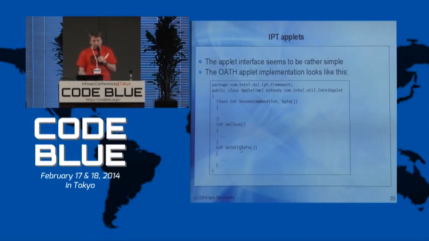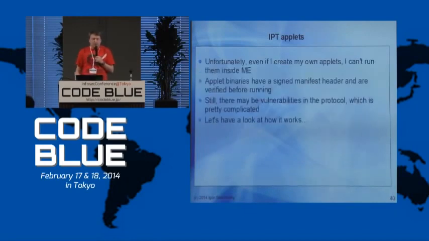So this is quite convenient, I guess, to write the applets for this management engine. However, these applets are signed. I cannot write my own. Well, I mean, I can write them, but I cannot run them because the firmware will reject them.